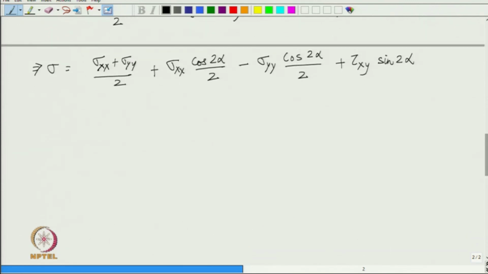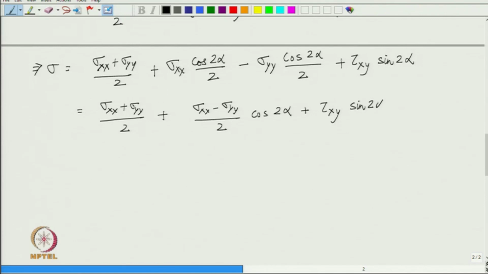So, finally, this is sigma x x plus sigma y y by 2 plus sigma x x minus sigma y y divided by 2 into cos 2 alpha plus tau x y times sin 2 alpha. Okay. That is just some algebra trigonometry, you get to this expression.